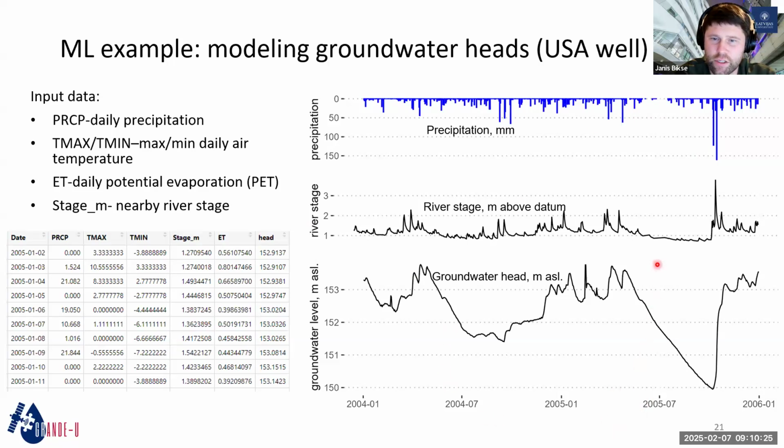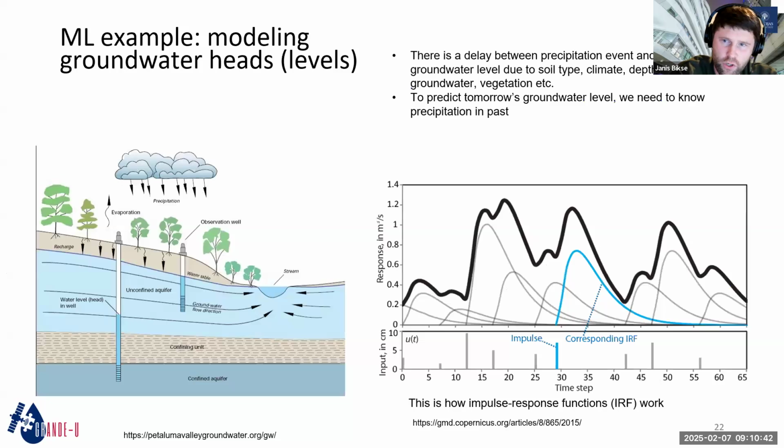And we can see that the river stage looks like it correlates with groundwater head. But for the precipitation, it's quite hard to see if there is some relationship between groundwater head and precipitation or not. And if we go back to the roots of how groundwater is forming, it's not that when the rain drops on the ground, the water level rises immediately.